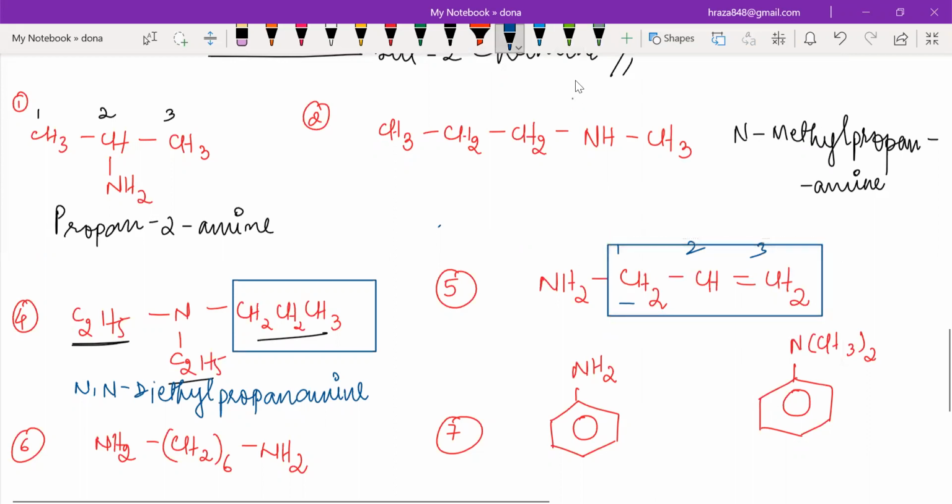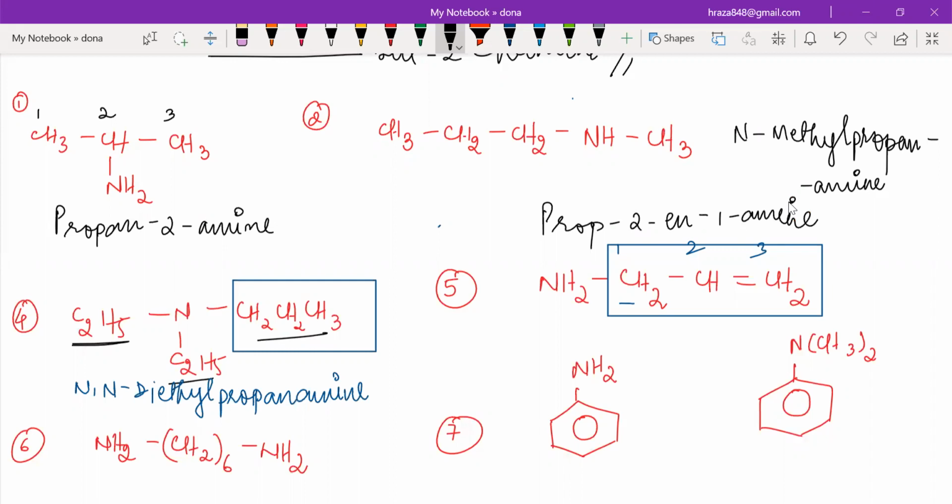Now, if you are going to name it, there is no branch, so directly jump to the parent chain. Its name will be prop-2-en-1-amine. Don't write E at the end when you are going to write the name. Isn't it easy? Or you can directly write prop-2-en-amine. Yeah, that's what I said. Good. Thank you.